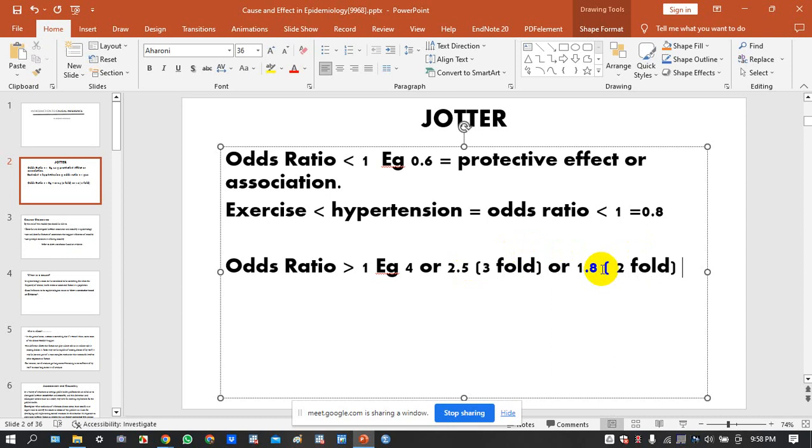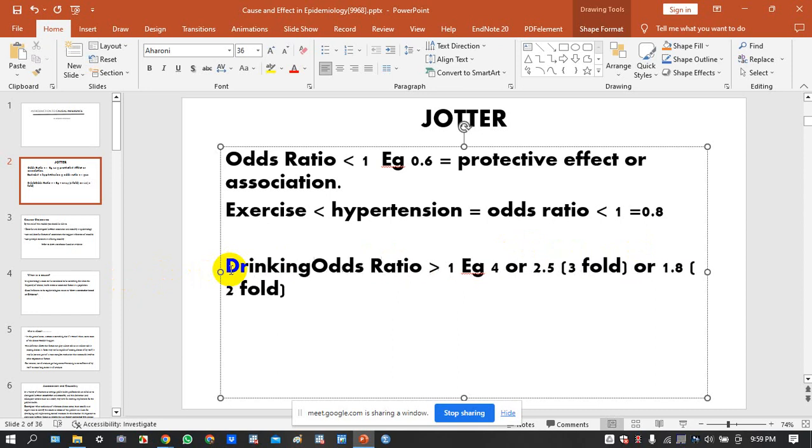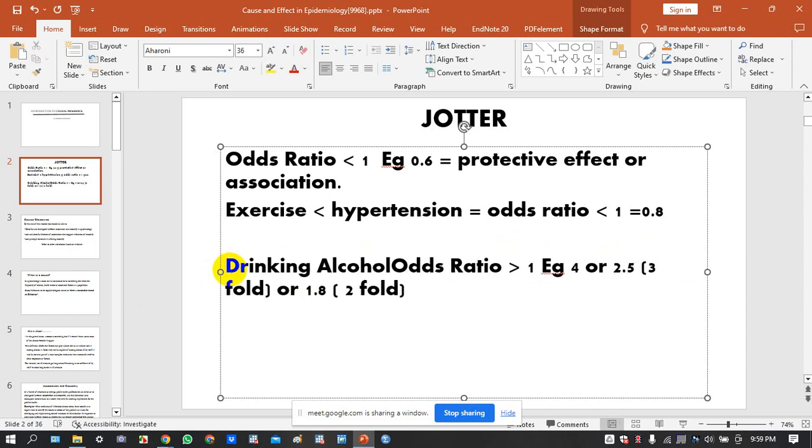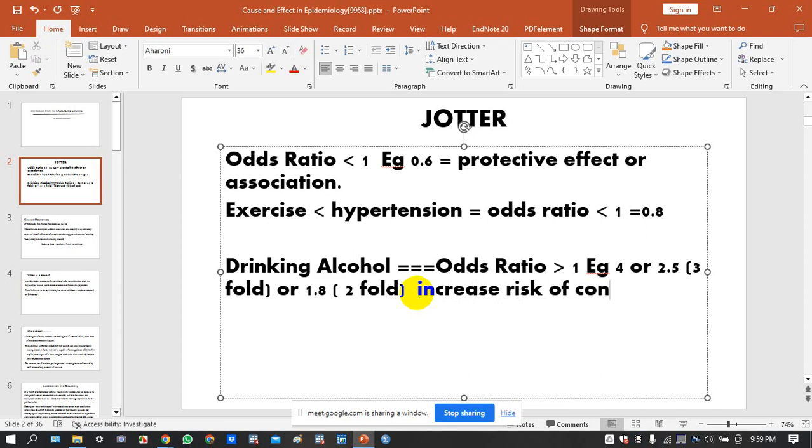So we have you drinking alcohol has a 2-fold or 3-fold or 2-fold increased risk of developing or having fatty liver or hepatitis.